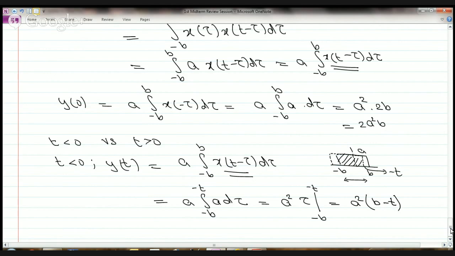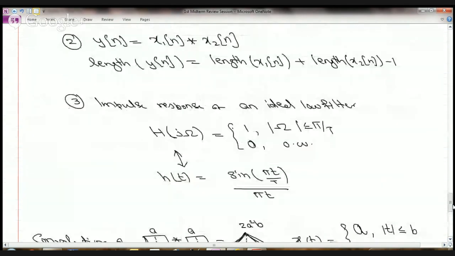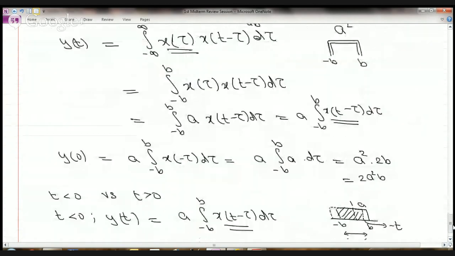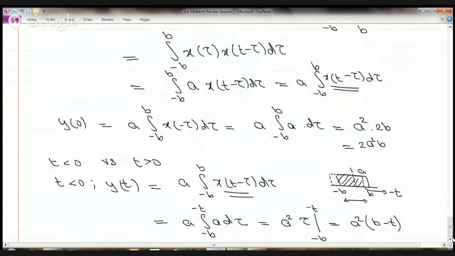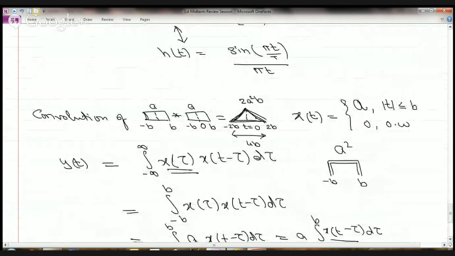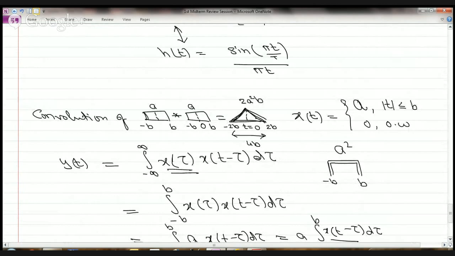Now, I understand that this is a long problem. But again, this is one of the things that you should remember from 345. I'm not expecting you to repeat this in this class. But if you can remember some of the basic facts, that it looks like a triangle when you convolve two box signals, that the height is where they are on top of each other, and that the endpoints are minus 2b to 2b, you should be doing fine.